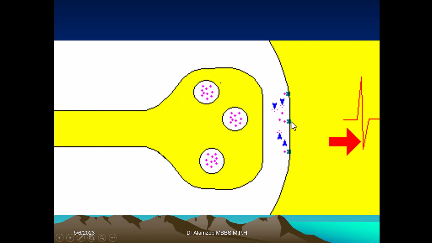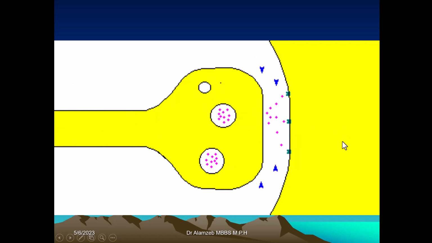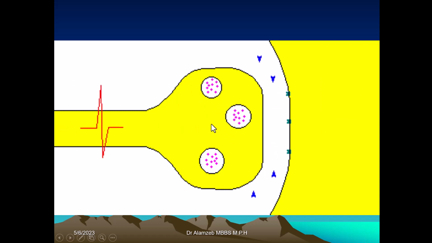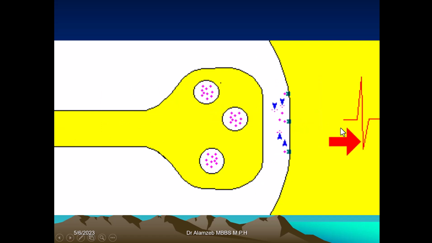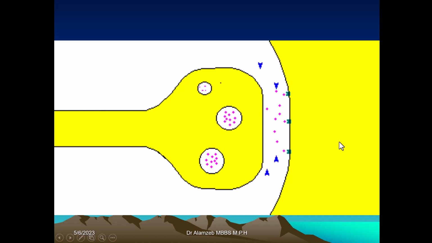These channels open, sodium rushes into the muscle, and the electrical signal is converted into chemical, and the chemical is again converted into an electrical potential, and then the muscle contraction occurs.